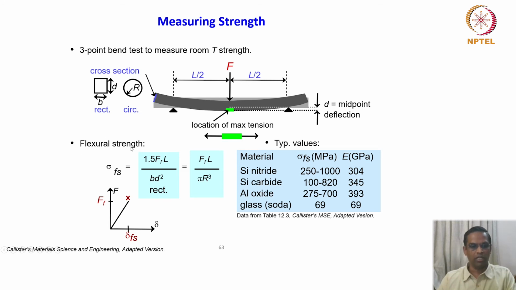Here it is called the flexural strength, that is sigma Fs, is given by 1.5 times F, flexural force, which is a flexural test, times L divided by B d square for a rectangular cross section, and FL by pi r cube on the circular cross section.